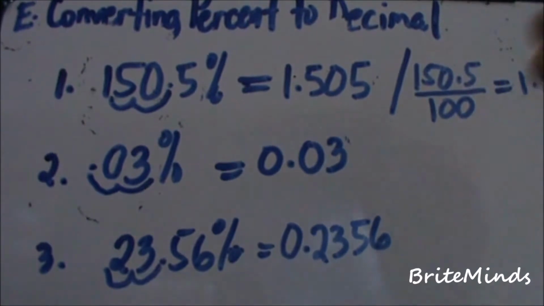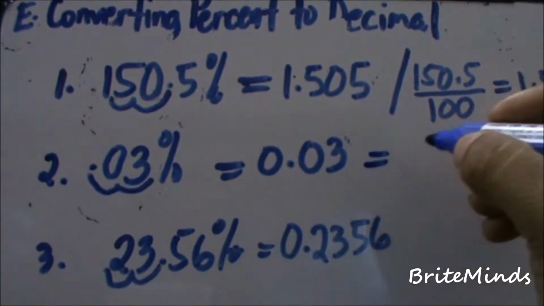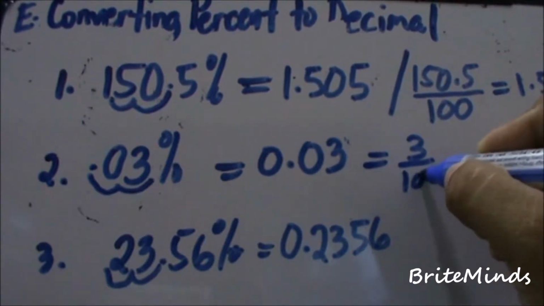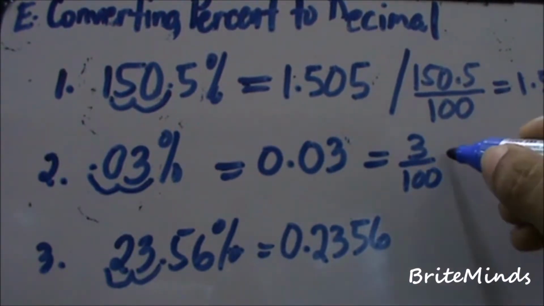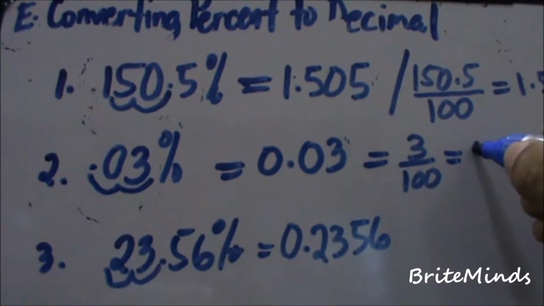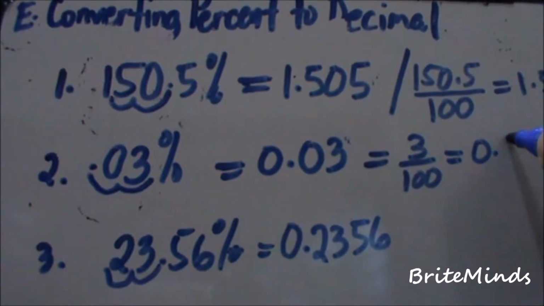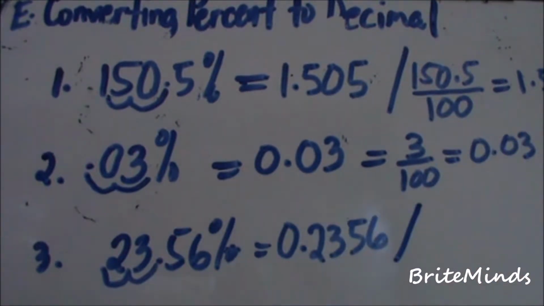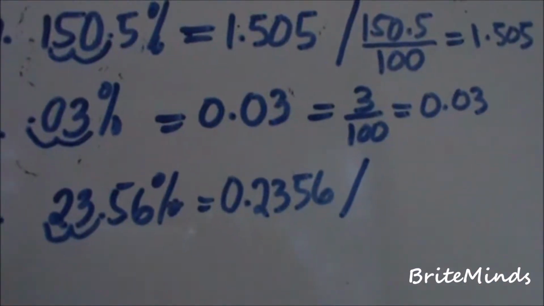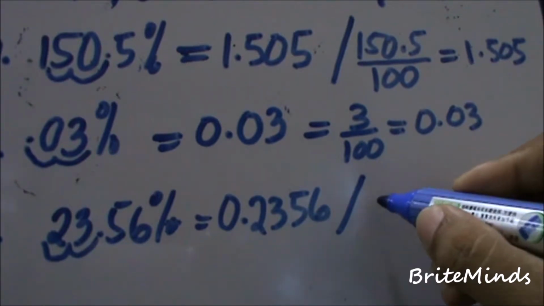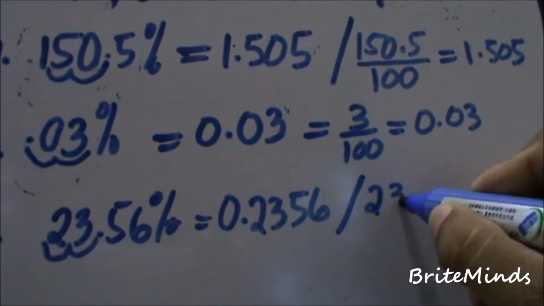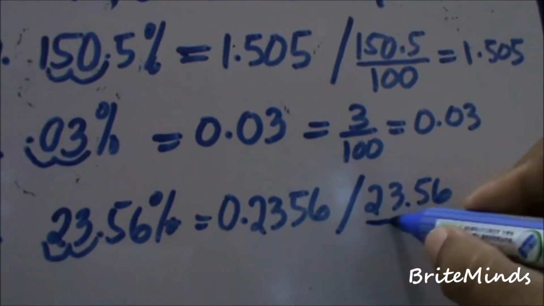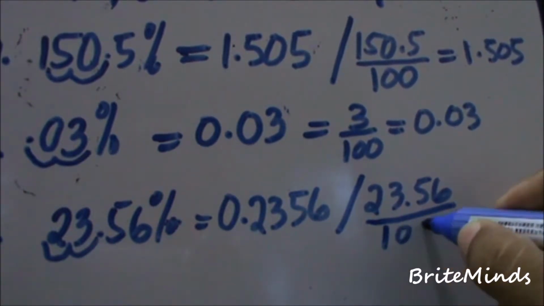Okay, or in the number 2, okay, so 3 divided by 100. Okay, so the result will still be 0.03. Or in number 3, you can do also like this. 23.56 divided by 100.